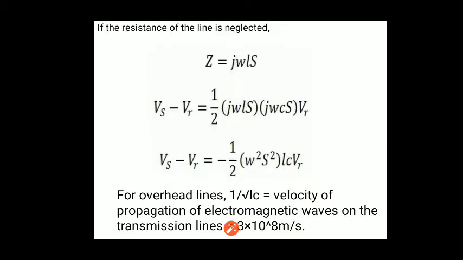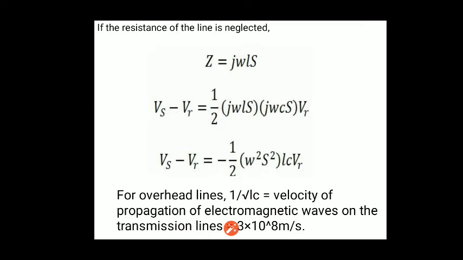Next, if the resistance of the line is neglected, Z is equal to j omega L into s, and Vs minus Vr is equal to 1 upon 2 times j omega L s into j omega C s into Vr. So the final equation is Vs minus Vr is equal to minus 1 by 2 omega square s square LC into Vr.